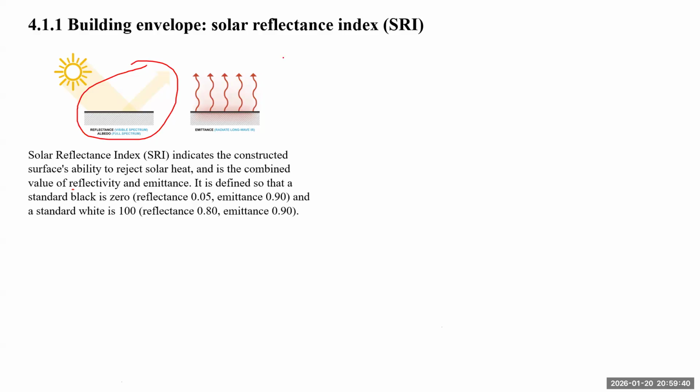Because all objects radiate long wave infrared light, this is the combined effect of reflectance and thermal emissivity. The solar reflectance index is defined so that standard black is 0, meaning low reflectance, high emittance, and standard white is 100 reflectance and emittance.